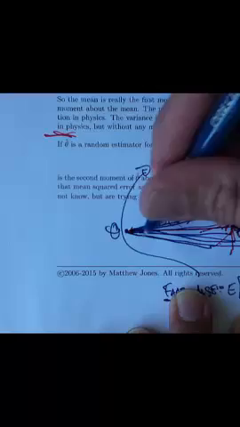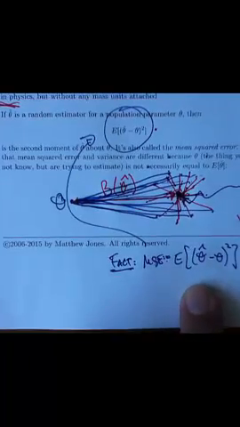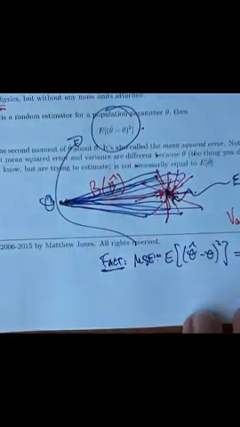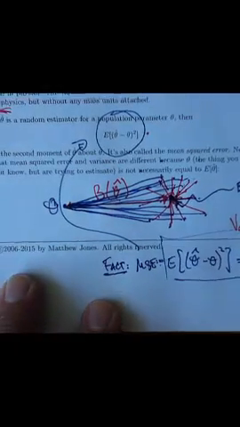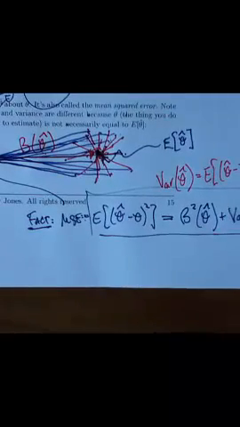It's sort of an average distance measurement of these blue lines. Turns out that thing partitions as the square of the bias, the difference between the average and the thing we're trying to estimate, and the variance of it off of its mean. So this kind of concept is really useful.